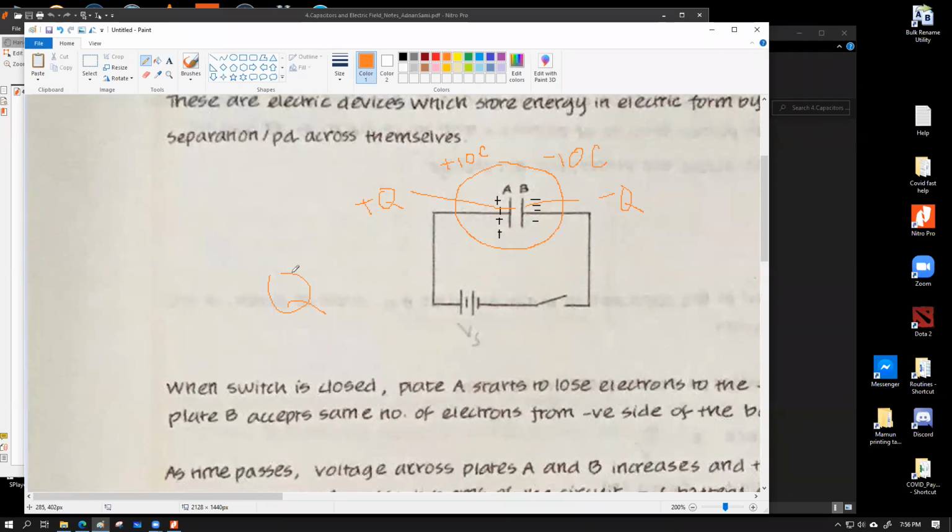So that is a very important information. This Q is a measure of deviation of electron numbers from the neutral scenario. So you have a certain number of excess electrons on one plate, and an equal number of electrons missing from the other, which gives you equal magnitude of charge on both the plates, but one plate has become negatively charged and the other plate has become positively charged.